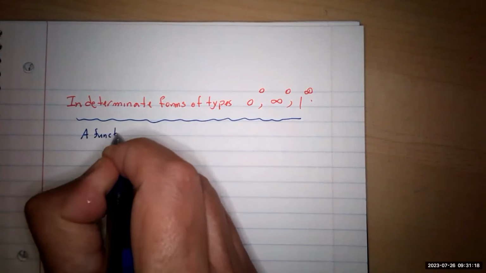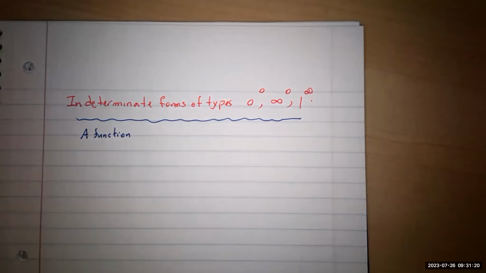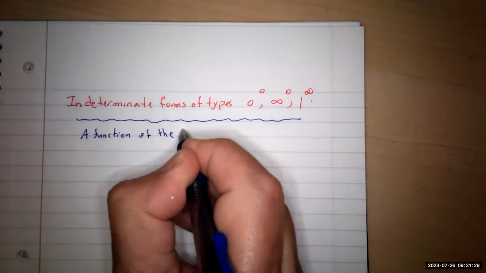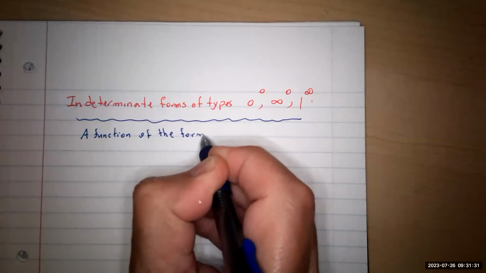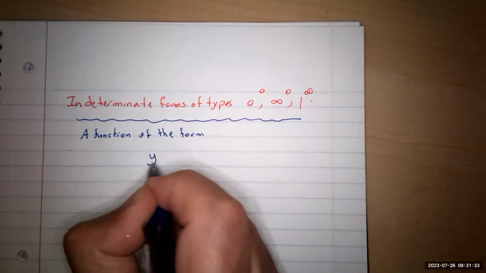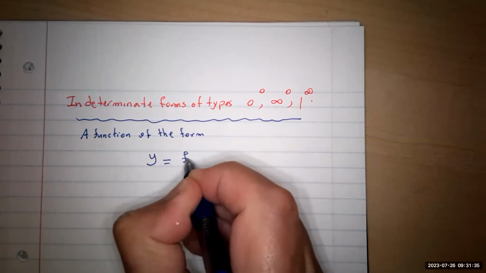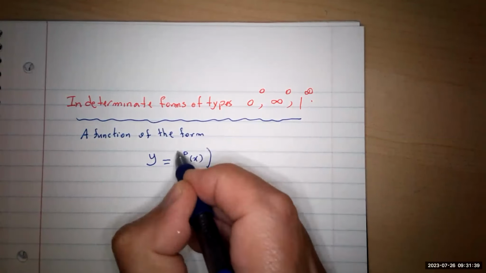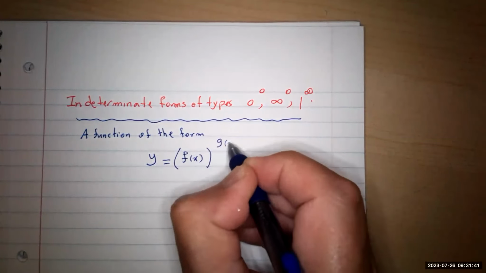It's a method that is going to be used in future, not bad to know. A function of the form y equal to f of x raised to the power g of x.